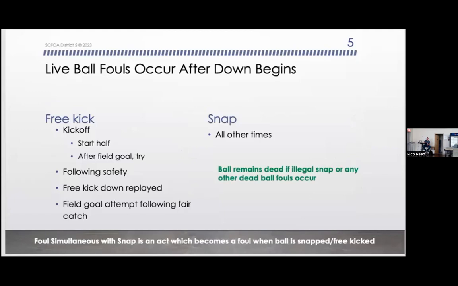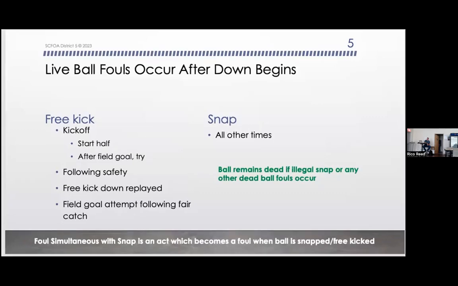All right, so a live ball foul occurs after the down begins. Okay. So when does the down begin? For a free kick, the kickoff, start of half or after a field goal try, following a safety, following a free kick down replayed, or a field goal attempt following a fair catch. And then all of the other times, snap.